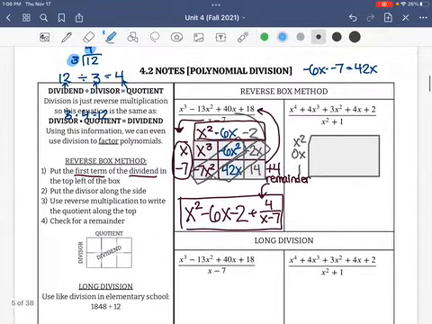Because there was no x in the middle right here, I have to write 0x right here. Otherwise, my powers won't line up correctly.